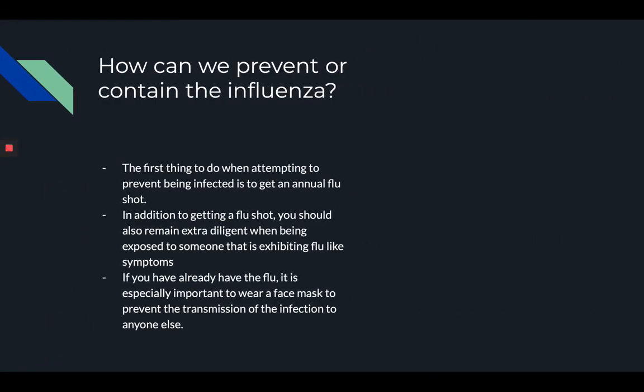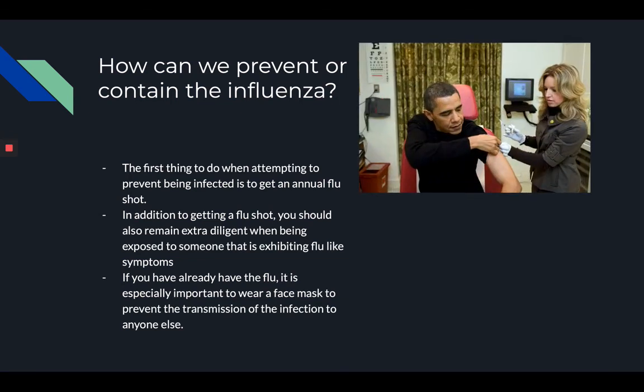So how can we prevent or contain the influenza? The first thing you want to do if you want to prevent the flu is to get your annual flu shot. Just like every sign you see says, get your flu shot as soon as possible, so that we can prevent any sort of flu. In addition to getting the flu shot, you should also always remain diligent when being exposed to someone that is exhibiting flu-like symptoms.